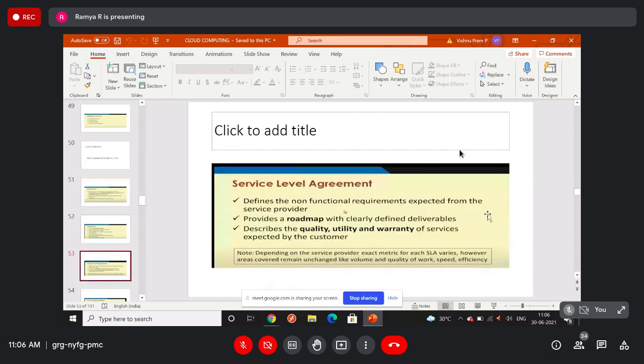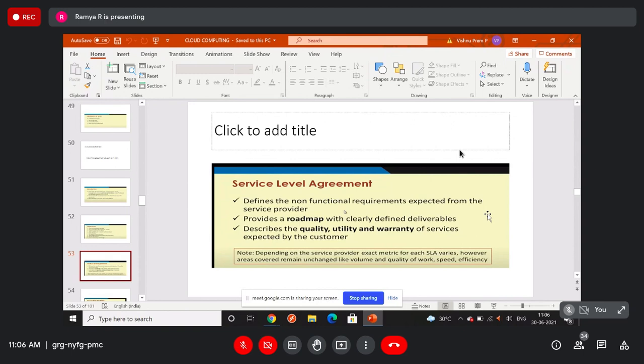Okay, so guys, here, companies are purchasing some storage from the particular cloud. So they will have a service level agreement. It defines the non-functional requirements expected from the service provider, like it provides a roadmap and describes the quality, utility, and warranty.